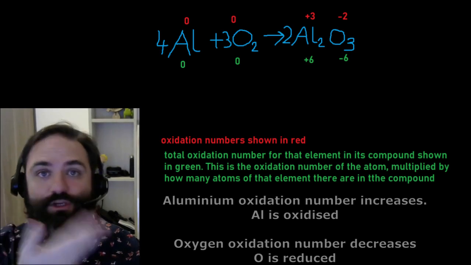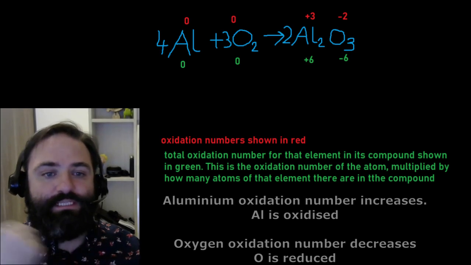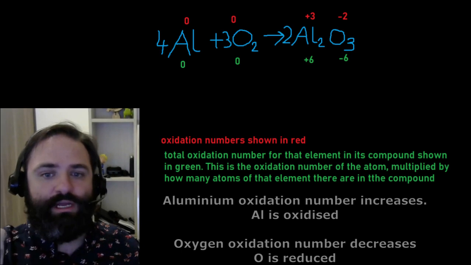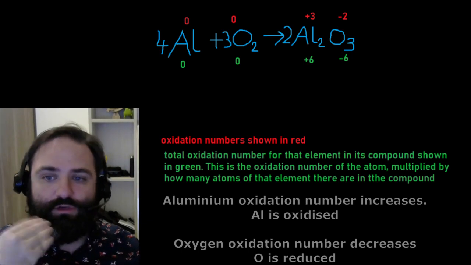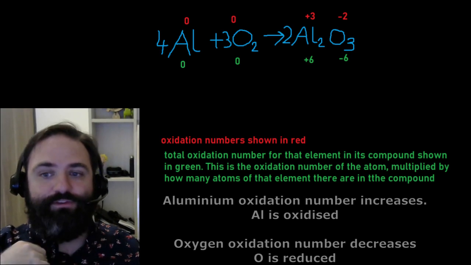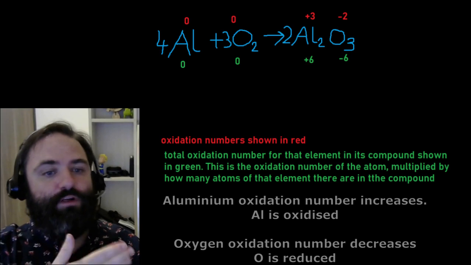Oxygen is always -2. That's one of our rules. The oxygen in a compound is going to be -2. So we can see that the oxidation number of aluminium increased, going from 0 to +3. It's been oxidized. The oxidation number of oxygen has gone down from 0 to -2. It's been reduced.